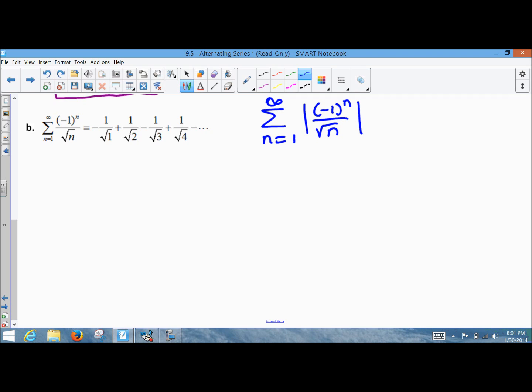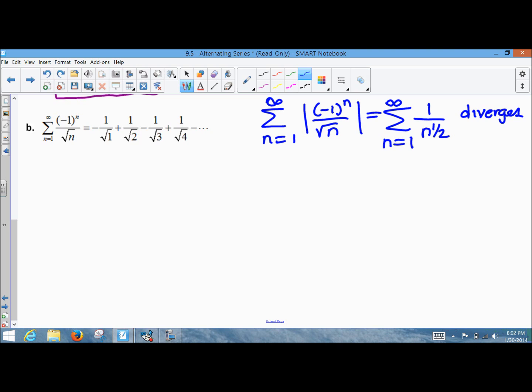That's simply going to lead us to eradicating the alternating component. We have 1 over n to the half, and hopefully we all remember that to be a divergent p-series. So because of that, we have lost all possible hope to be absolutely convergent.